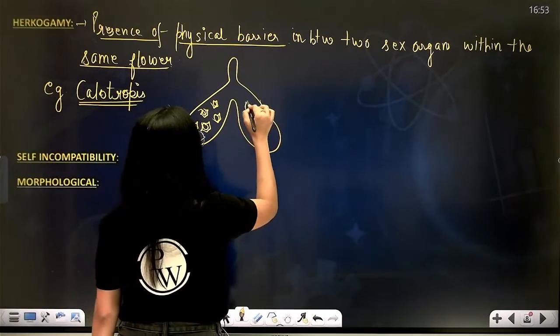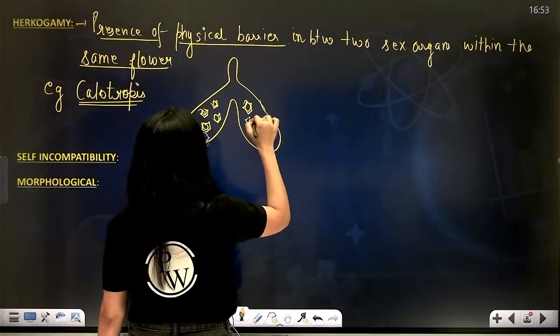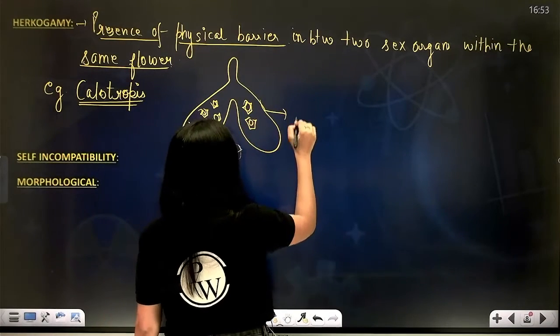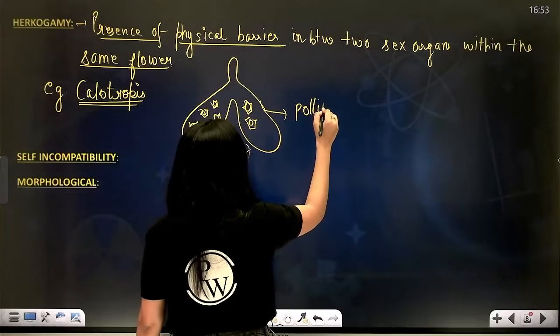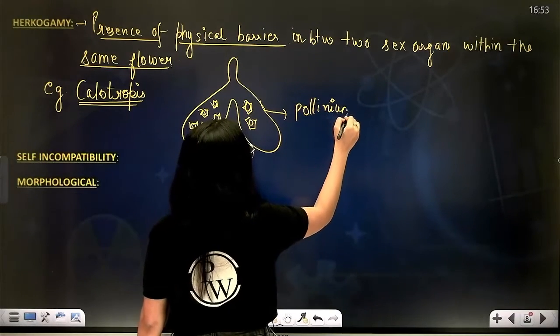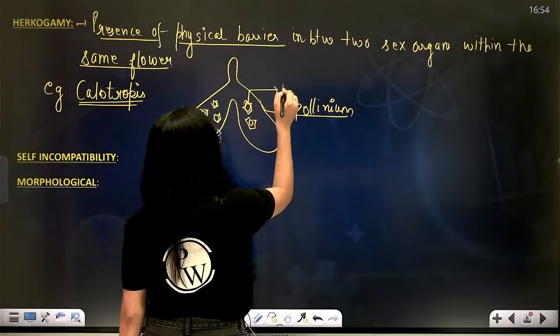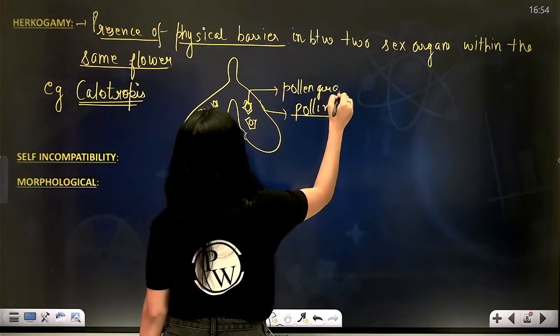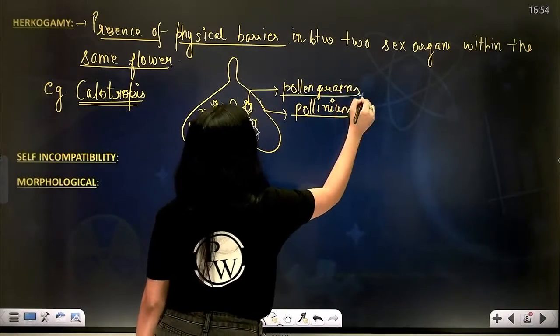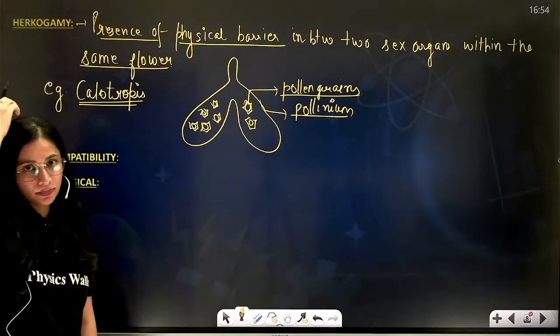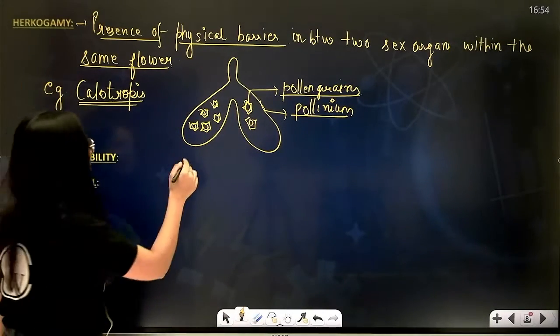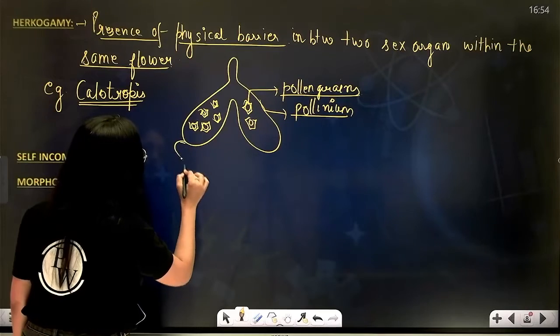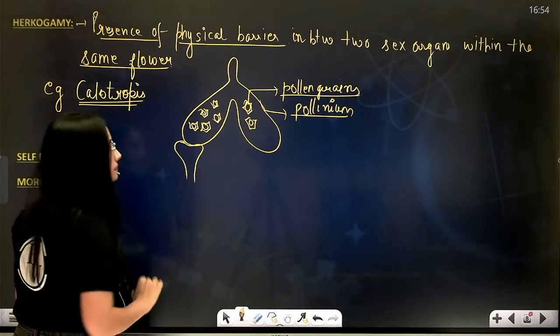This sac-like or balloon-like structure is known as pollinium, inside which a number of pollen grains are borne. Now, this pollinium comes in contact with the stigma, right?